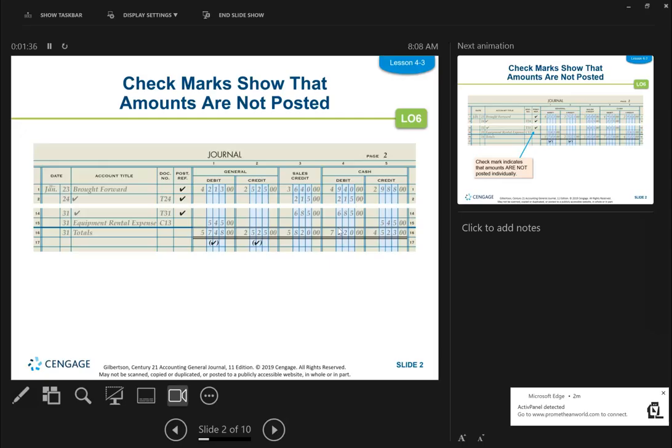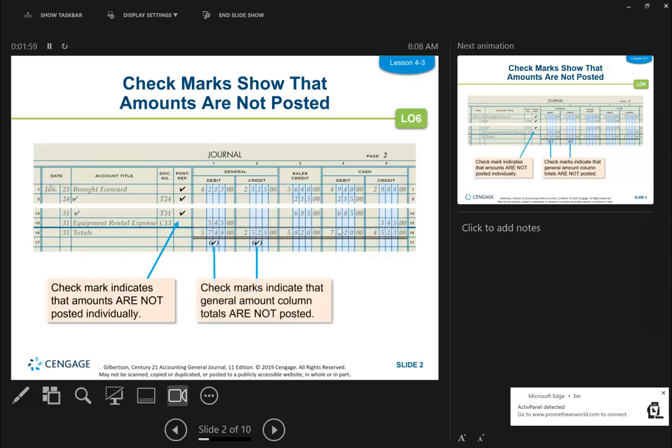Or the brought forward gets a check mark because that's not a transaction that gets recorded into our journal or into our ledger. Does that feel okay? So again, all that information is recorded, it's just recorded in an aggregate rather than as an individual transaction. Okay.